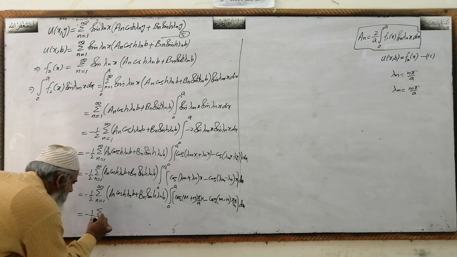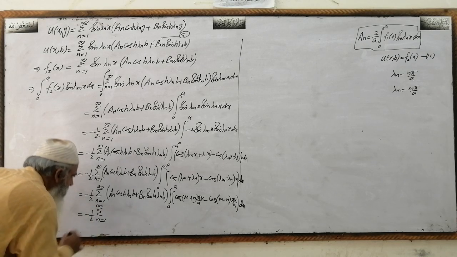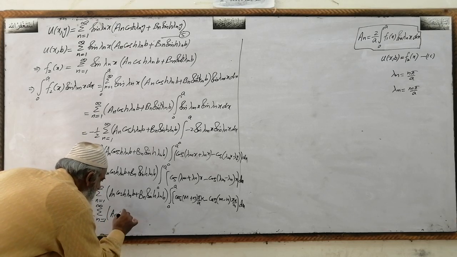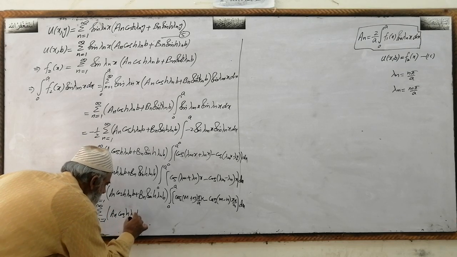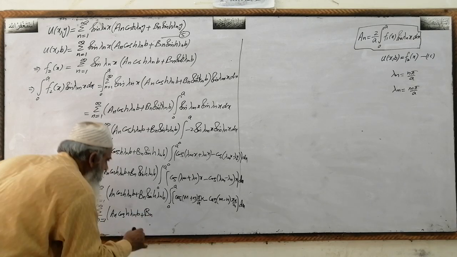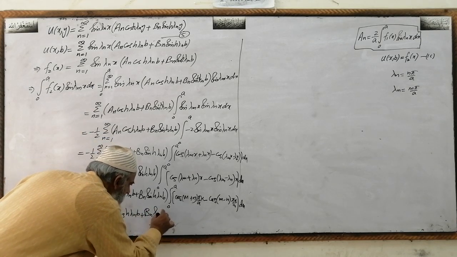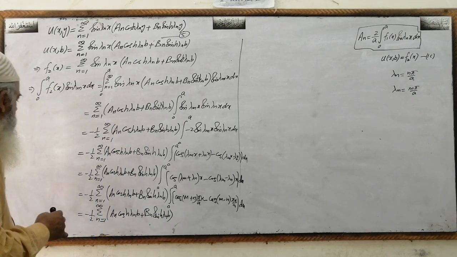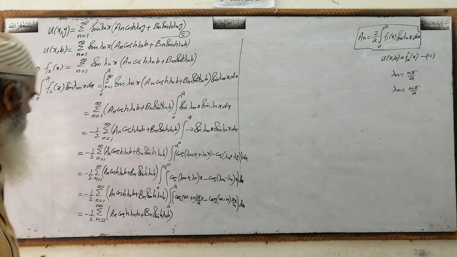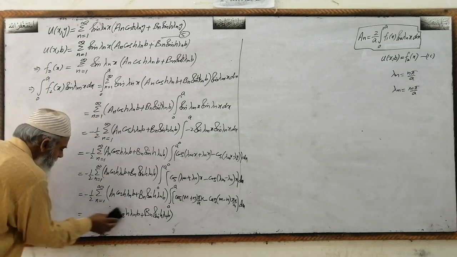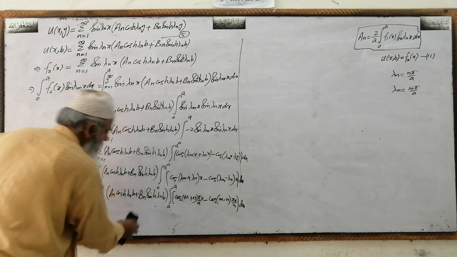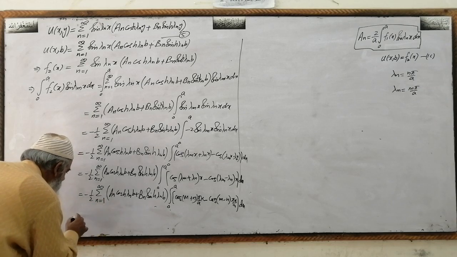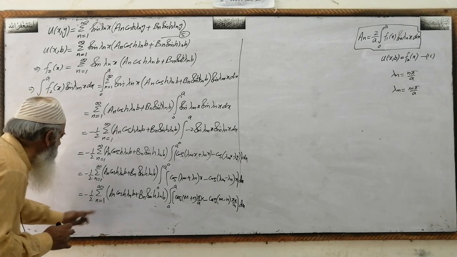Minus 1 by 2 sigma n varies from 1 to infinity a n cos hyperbolic lambda n b plus b n sin hyperbolic lambda n b. Now this summation will be finished, and we will take only that value of n which is equal to m.